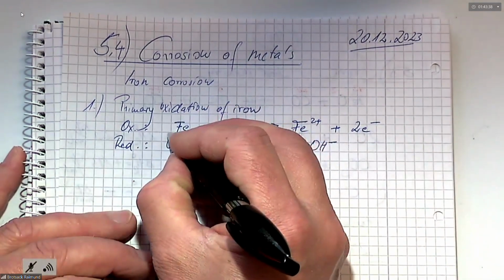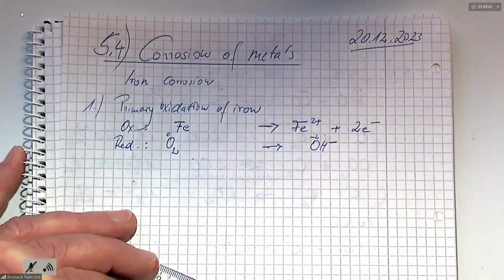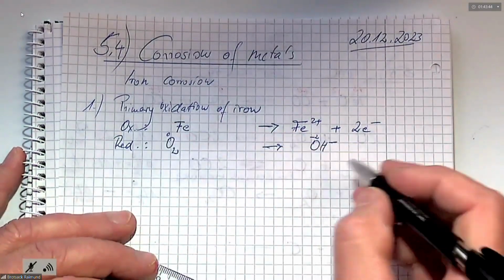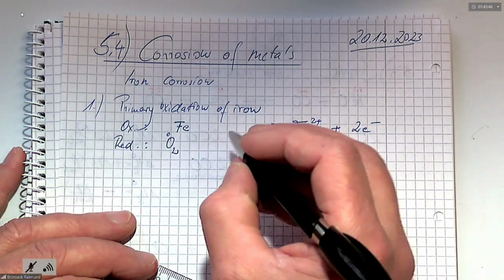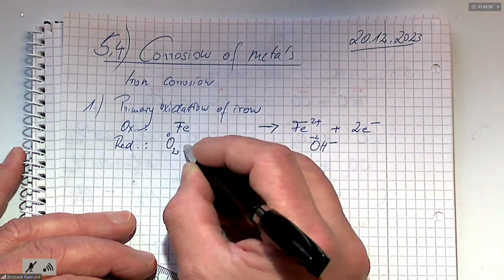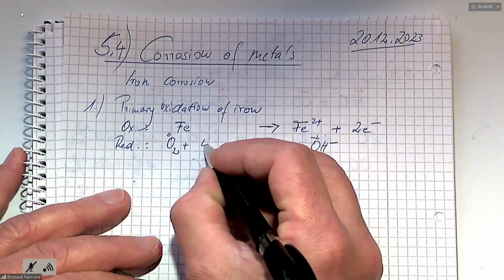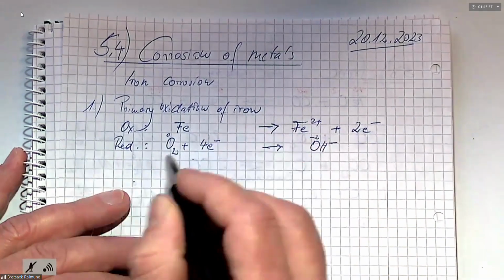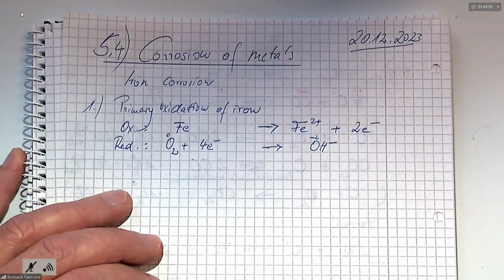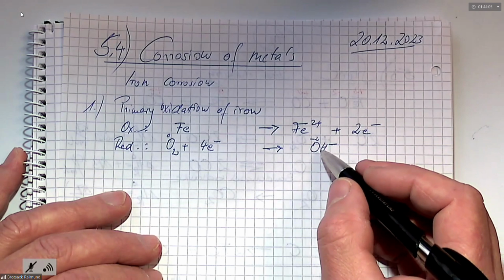Here we have the oxidation number 0. Here we have -2. So we have to add 2 times those. So we need 2 electrons per oxygen atom, so 4 in total. Yes, we have O2. And now we already have the production of OH-.